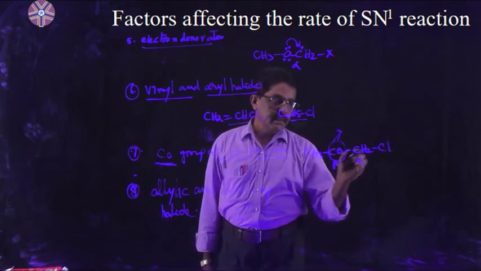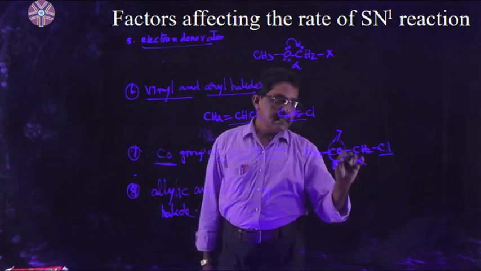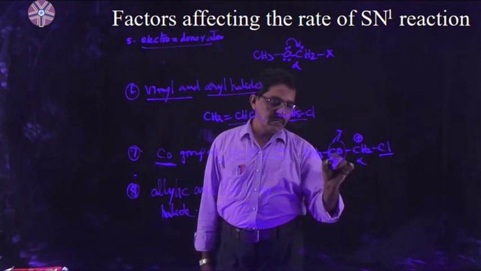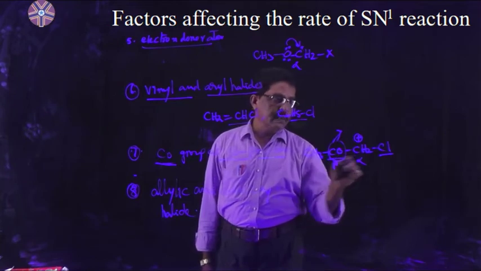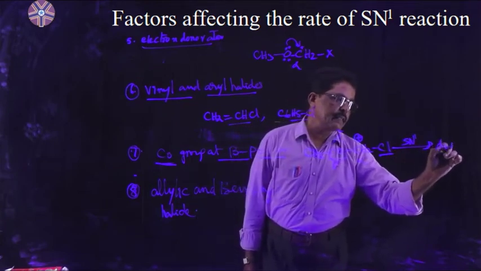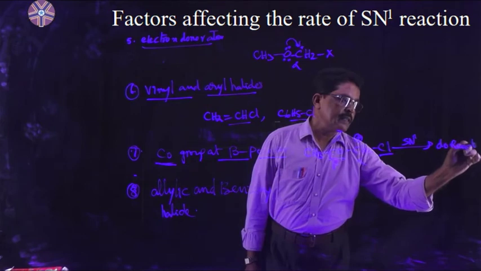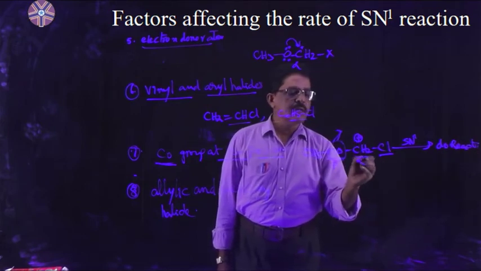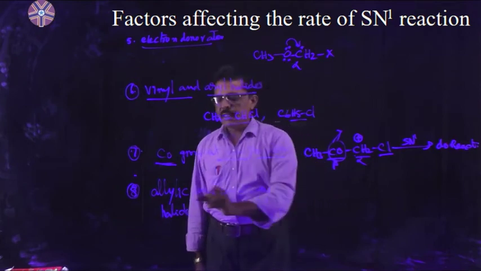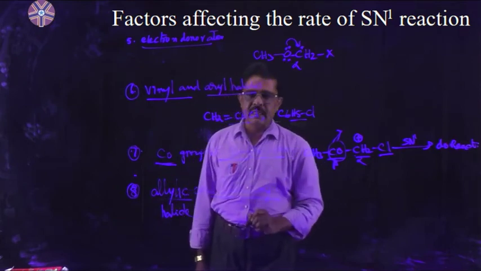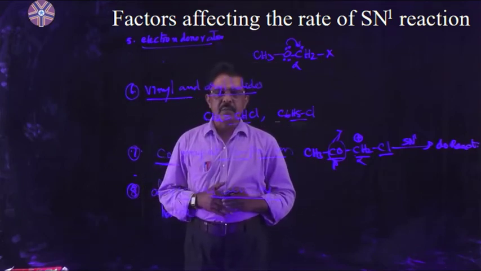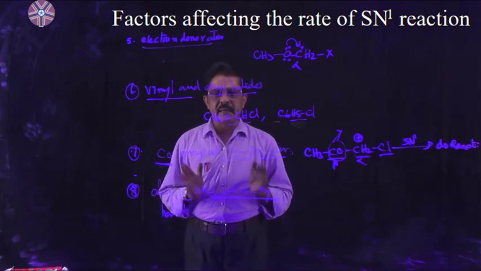The formed carbocation is not stabilized by the carbonyl group at the beta position, so this does not undergo SN1 reaction. Why does it not react? Because the carbocation is destabilized by the electron withdrawing group. Understand?